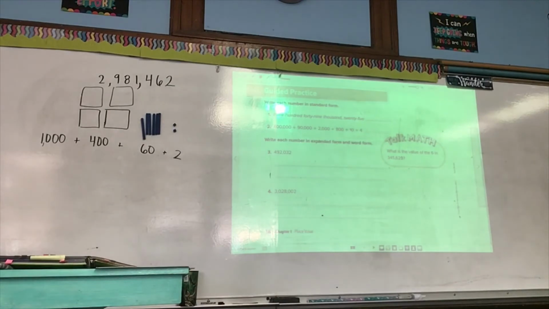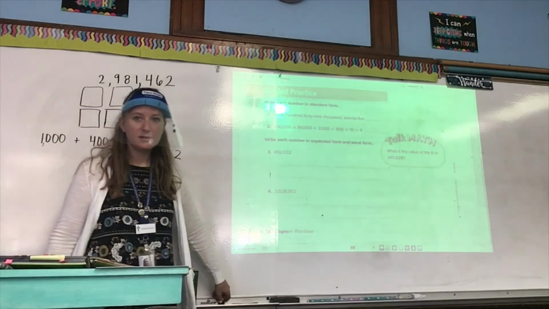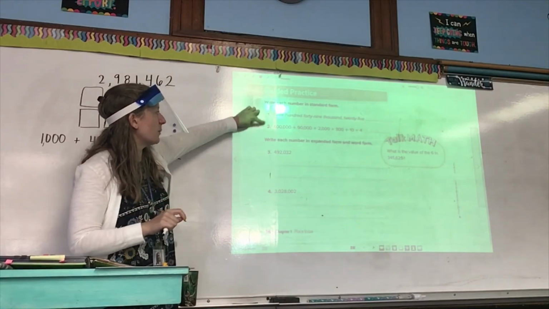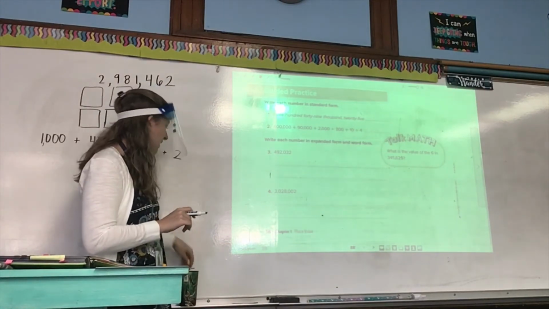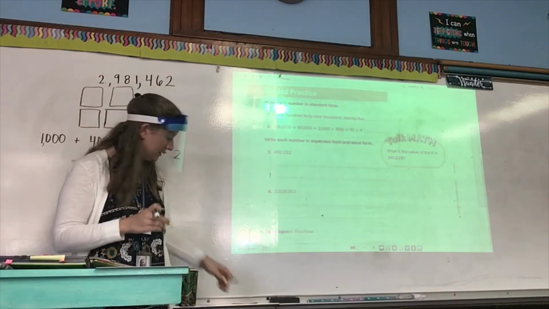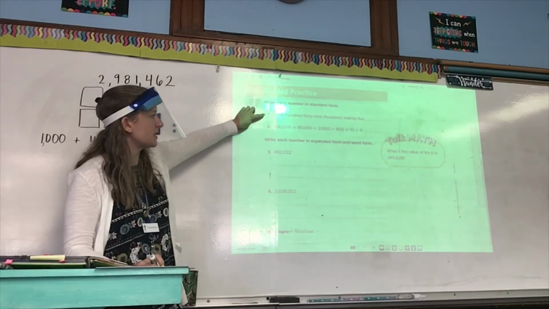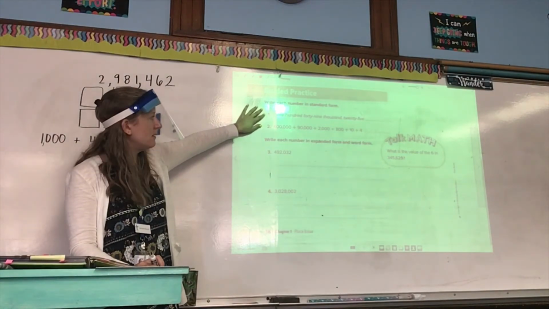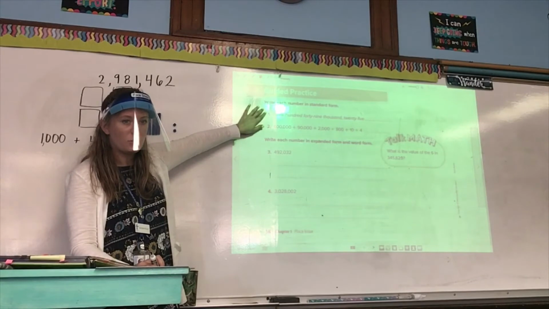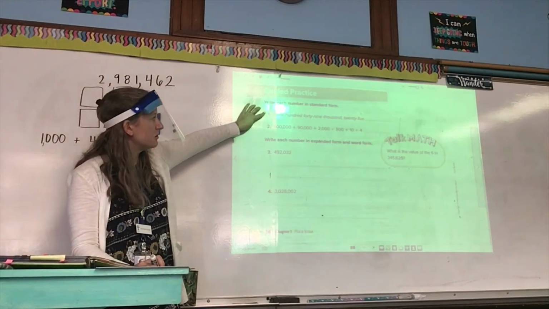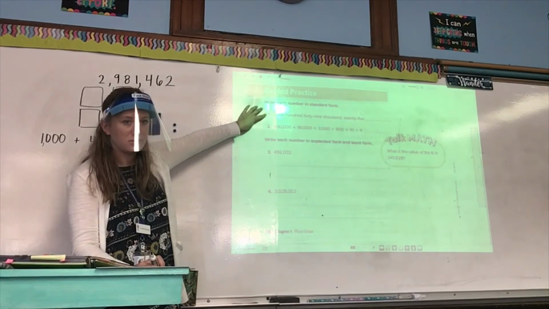Okay, so number 1 says, the directions for number 1 and 2 say write each number in standard form. So, number 1, what form is it written in? It is word form.